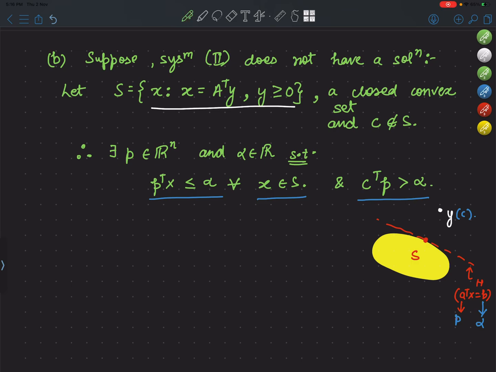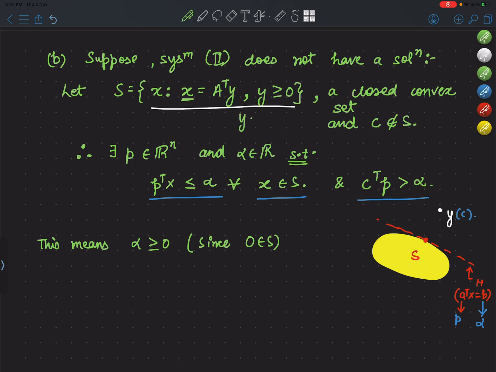So the above means alpha is greater than or equal to 0, since 0 belongs to S. The thing is, 0 belongs to S because Y is non-negative, so you can take all the Y's to be 0 and X can be 0 here.